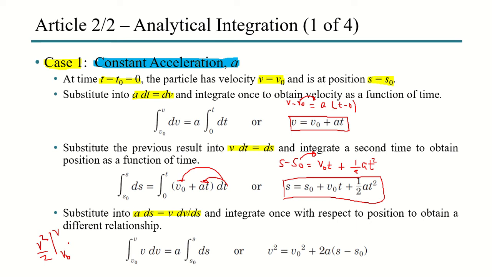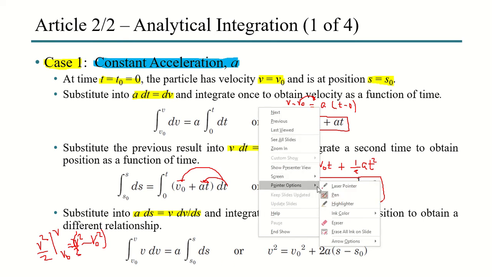So this is equivalent to v squared minus v sub 0 squared, and then you multiply this by 1/2, or divide this by 2. Sorry, it's not clear.